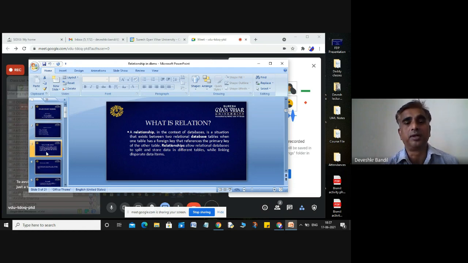Suppose you have a database of teachers and you want to identify a particular teacher. If the teacher PIN card is one of the attributes of your teacher table, then through the teacher PIN card you can identify the particular employee. So the primary key is that through which you identify a particular record, a particular tuple.